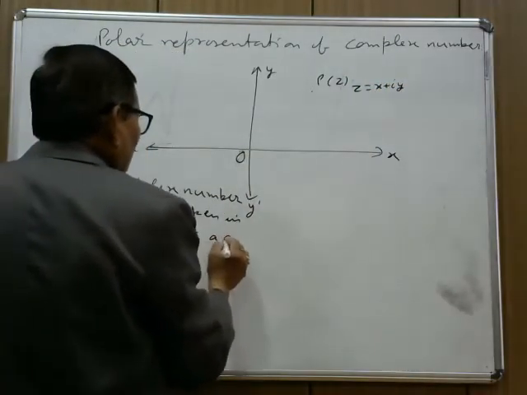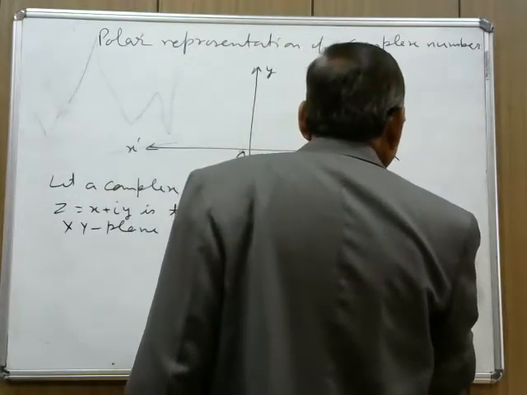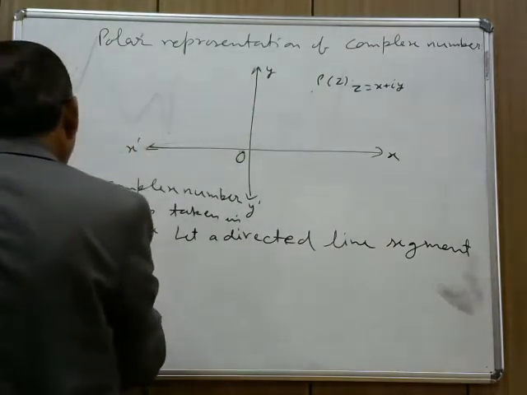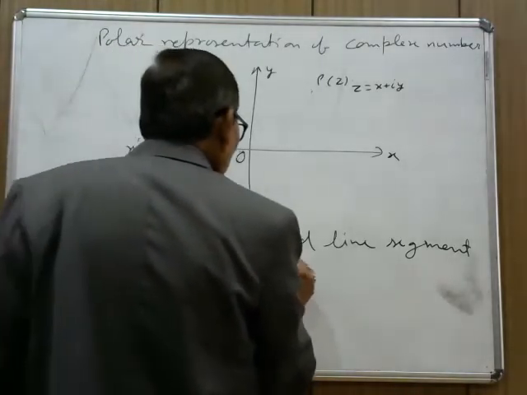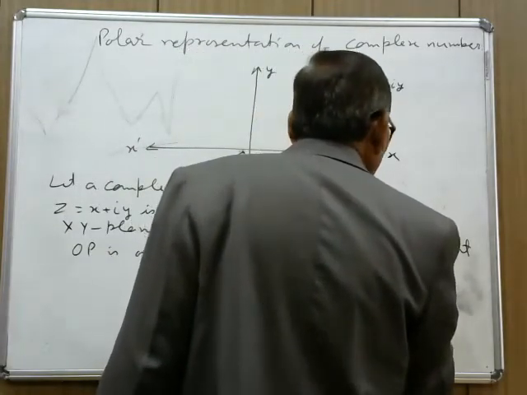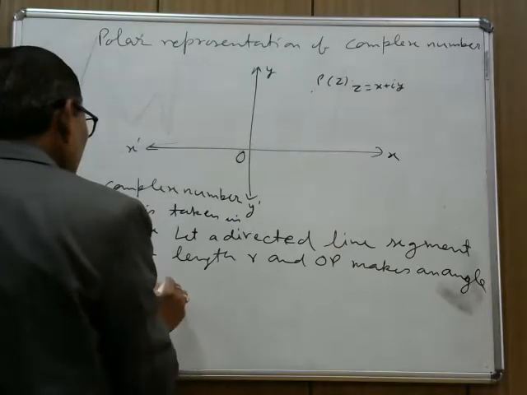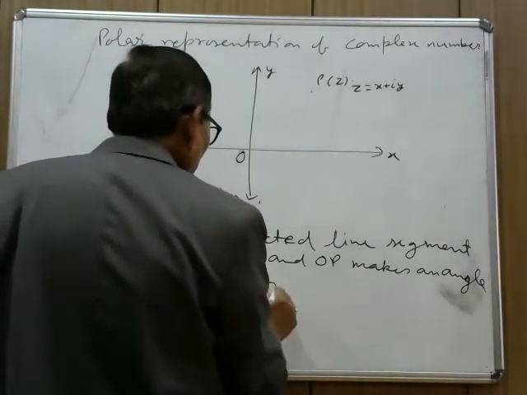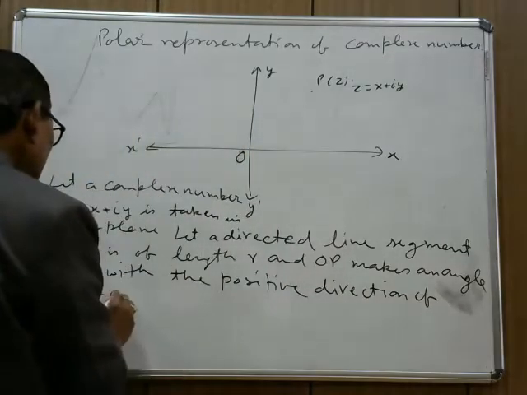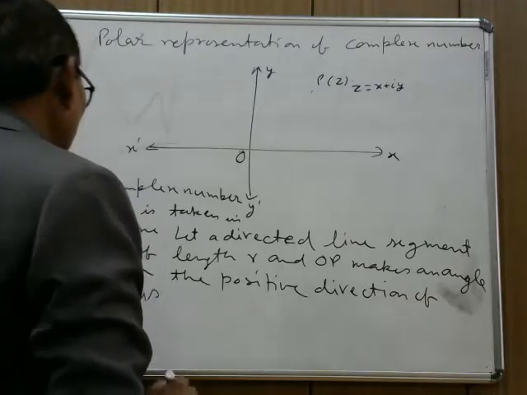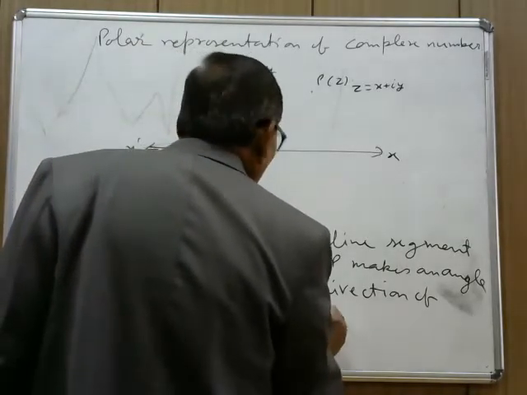Let a directed line segment OP be of length r, and OP makes an angle theta with the positive direction of the x-axis.